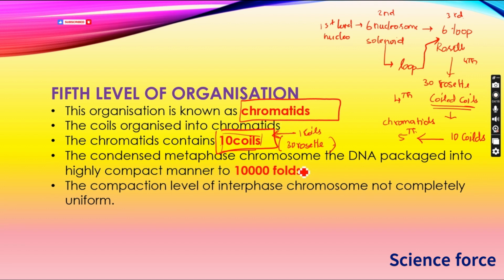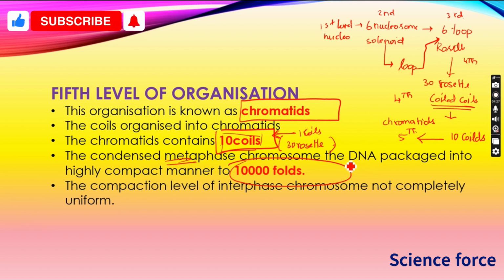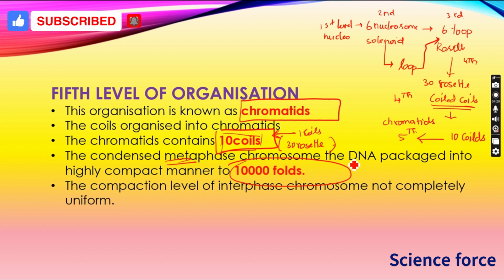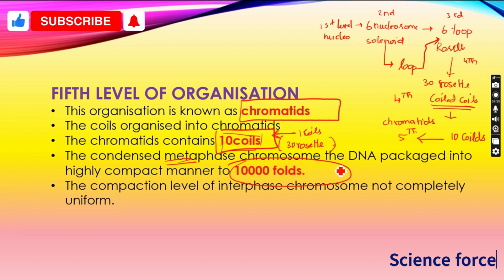So the overall compacted form consists of 10,000 folds. Therefore, a metaphase chromosome, which is an inactive, condensed stage of the chromosome, is going to consist of 10,000 folds in the chromosomes.